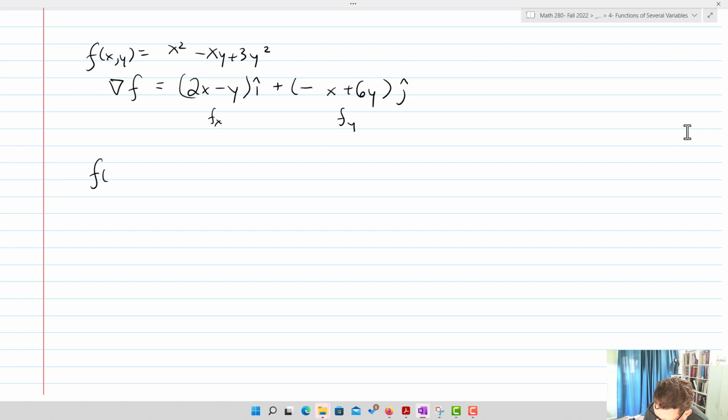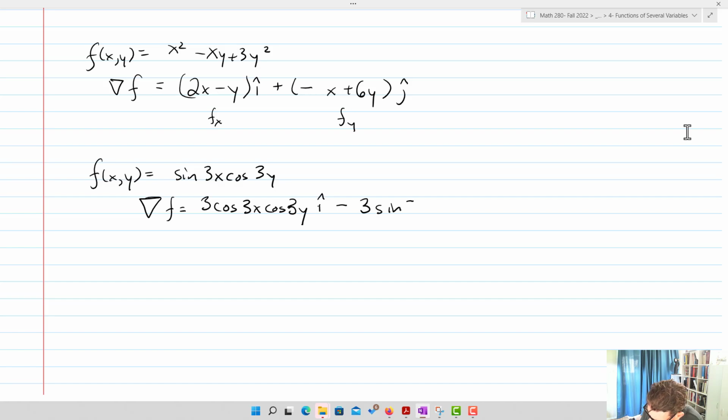Now let's say, for example, I take f of x,y equal to sine 3x cosine 3y. Then grad of f is going to equal the derivative with respect to x, which is 3 cosine 3x cosine 3y, i, plus the derivative with respect to y, which is negative 3 sine 3x sine 3y, j. And there's our gradient. Okay, so finding the gradient is not such a bad thing.